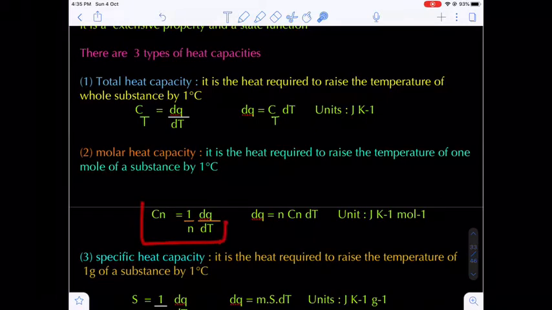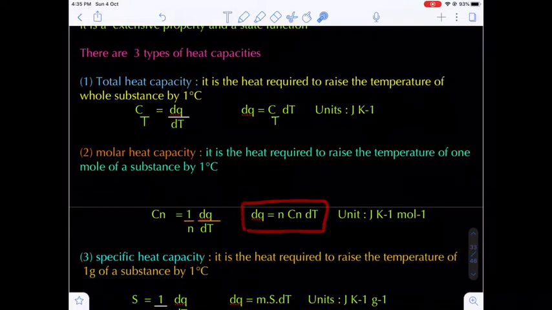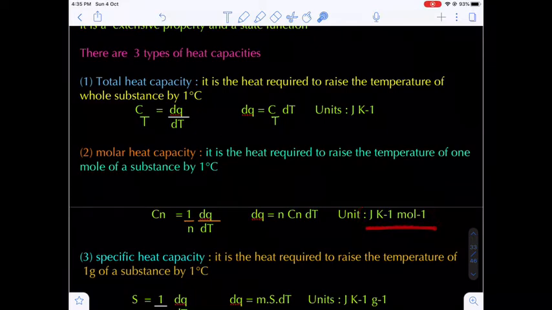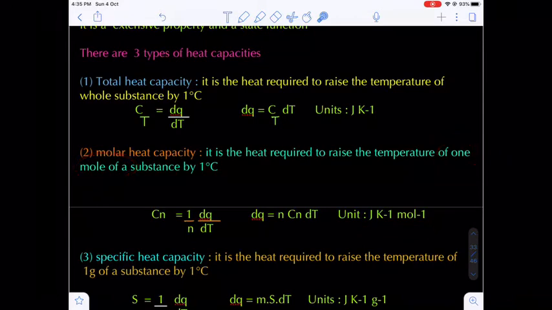So molar heat capacity Cn equals 1 upon n dq by dt, where n is the number of moles. So dq will be equal to n Cn dt. The units for the molar heat capacity are joule per Kelvin per mole. By seeing these units, we can conclude this is the heat capacity regarding 1 mole of a substance.